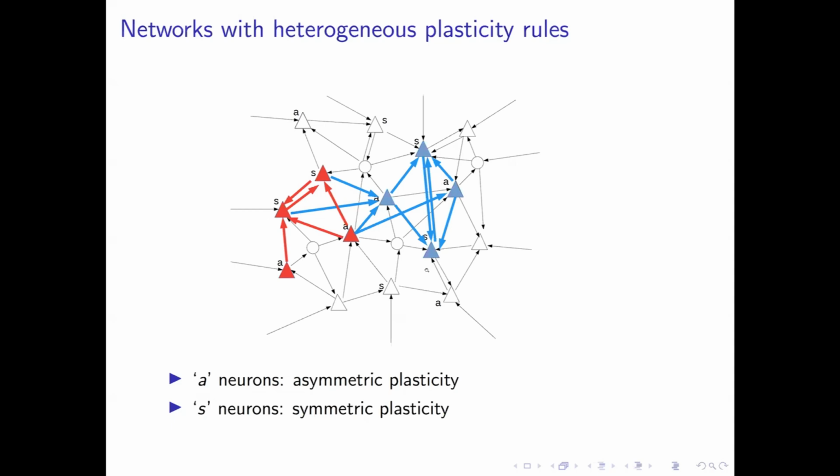And then same for the blue S neurons, they want to connect together. But now the blue A neurons, they don't want to connect with the same neurons. They want to receive inputs from the neurons that were active previously, so from the red neurons. So you have these links that are strengthened here. So why is this interesting?